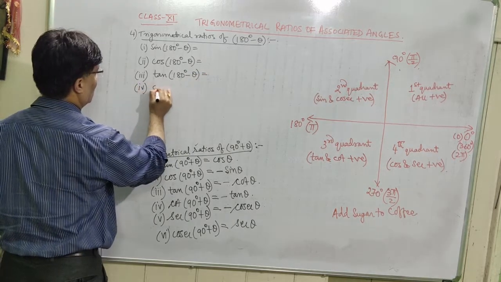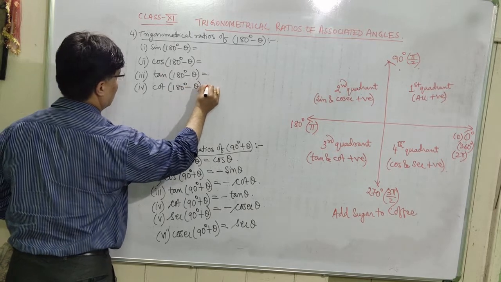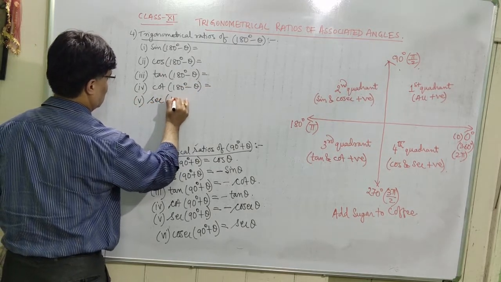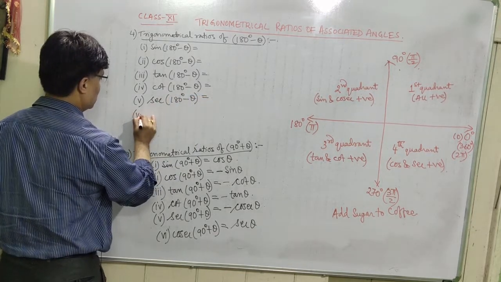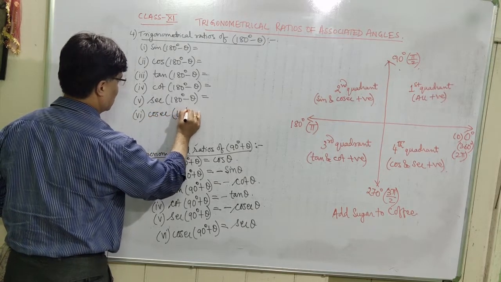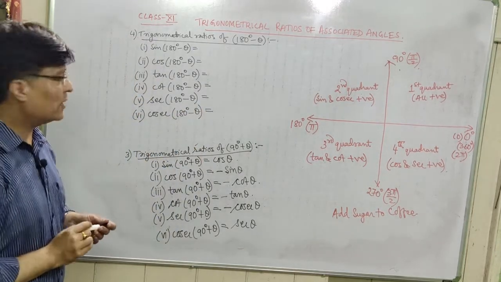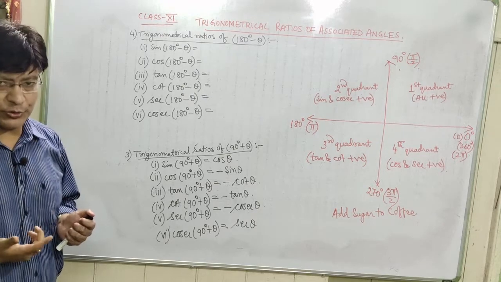Number 4, cot 180 degree minus theta. Number 5, sec 180 degree minus theta. Number 6, cosec 180 degree minus theta. So now let us write down the formula for these 6 trigonometric ratios.